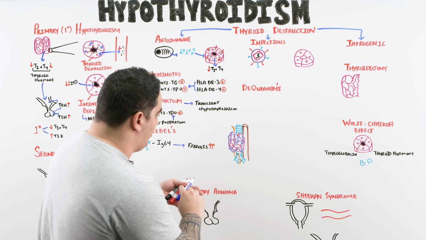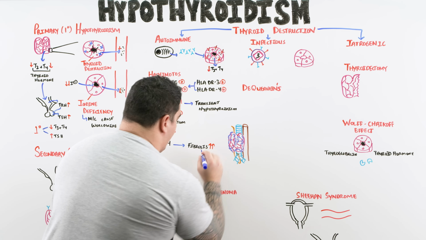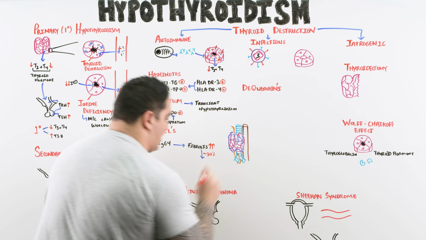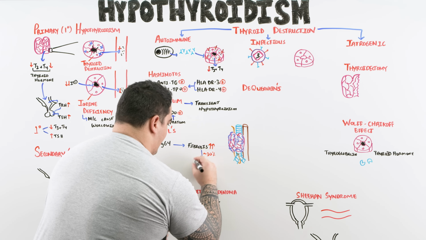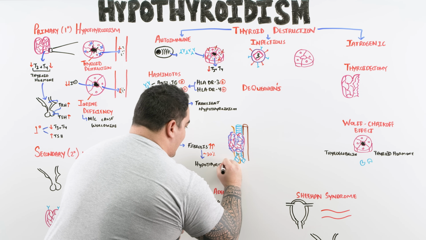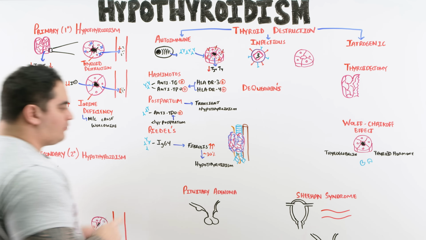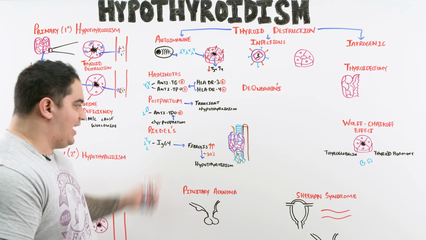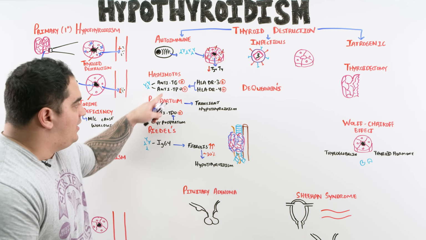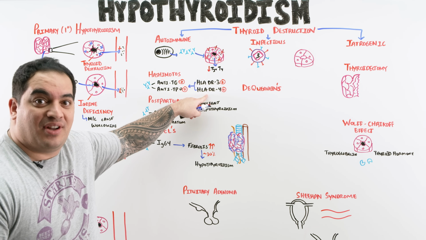So the big thing to remember here is approximately 30% will develop hypothyroidism. That's not a super, super large population. Yes, you can see hypothyroidism, but the IgG4 is the giveaway.